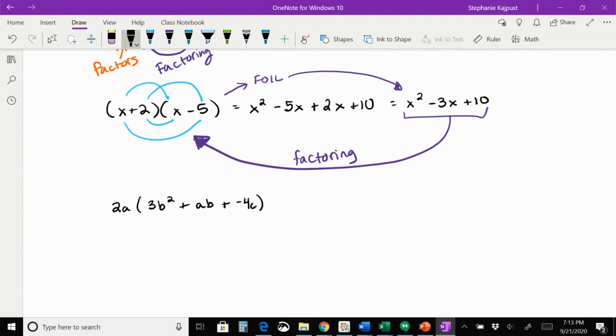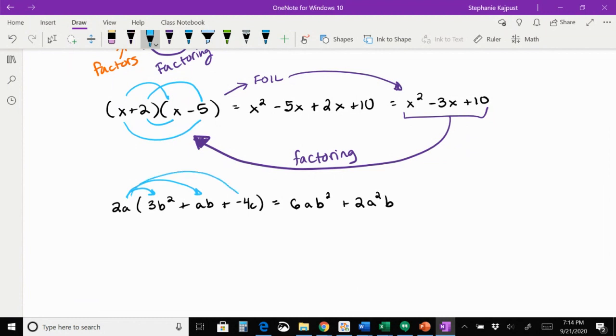So you're distributing. When you're doing the distributive property, you're taking the 2a and multiplying it by 3b squared. So 2 times 3 is 6, and then ab squared. Then you take that 2a and multiply it by ab. That's going to be 2, you get a squared b.